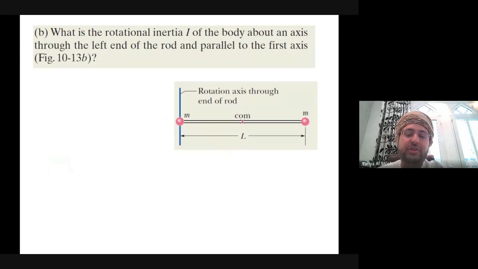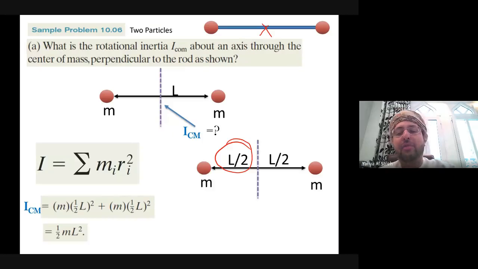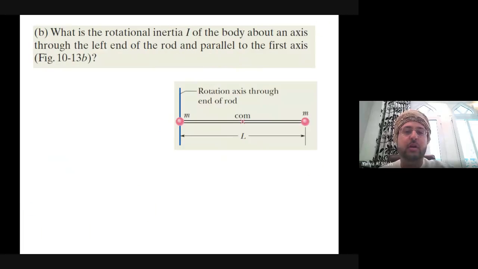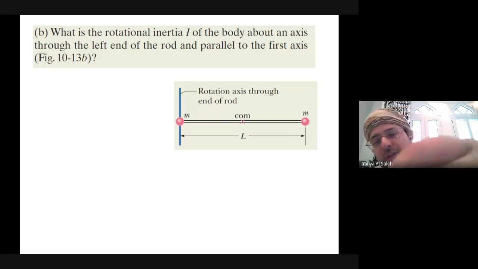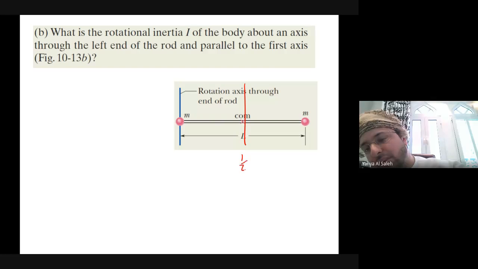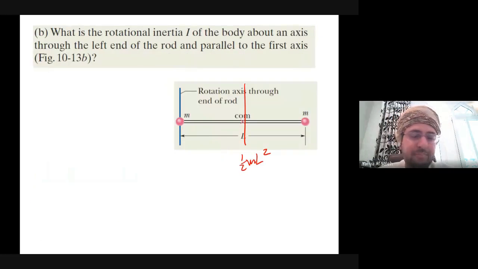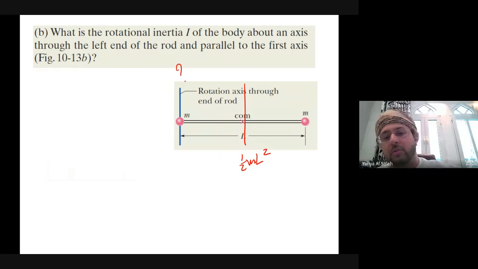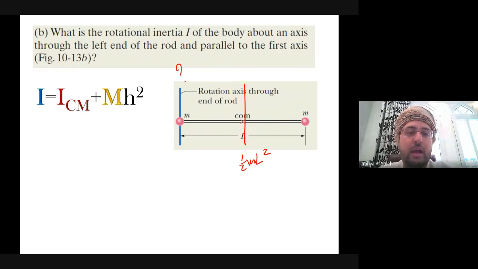Now, I'll change the question. Through the center, it's half ML squared. But what is the rotational inertia of the body about an x-axis through the left end of the rod? Initially it was here, and we know it was half ML squared. But now I want it here. Well, I equals I center of mass plus M h squared.